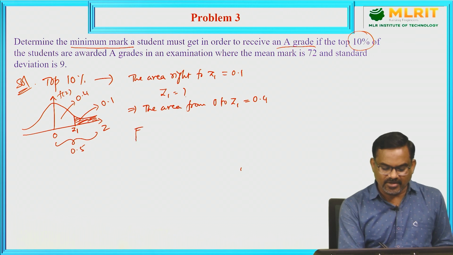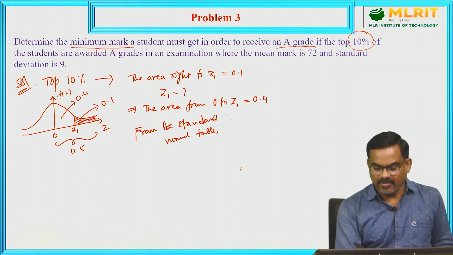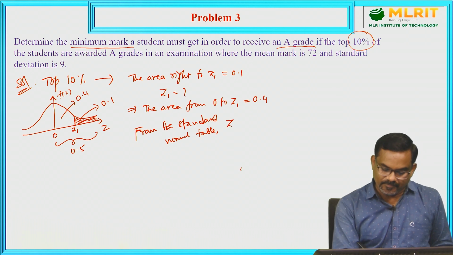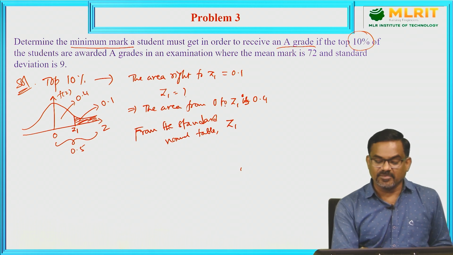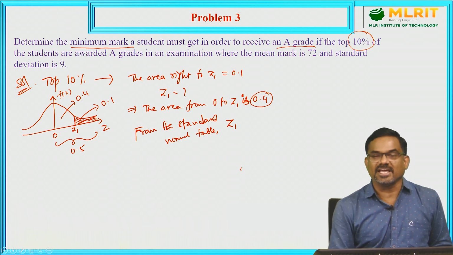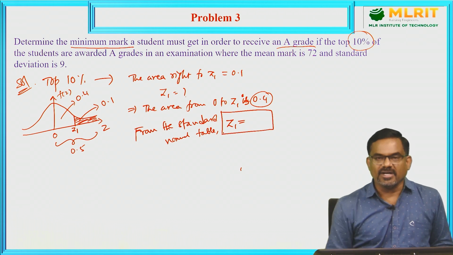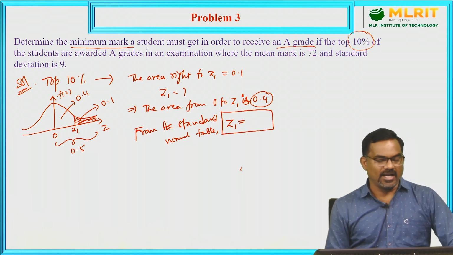So from the standard normal table, we can calculate the corresponding value of z. So here, let us write it in sentence form. The area from 0 to z1 is 0.4. This is the area. So using the table we can find that z1. So in the reverse way we have to calculate.